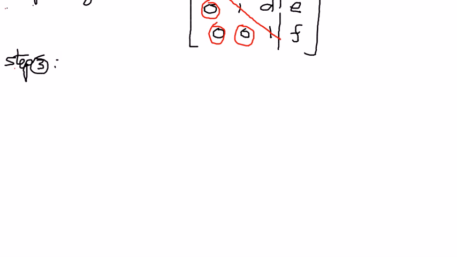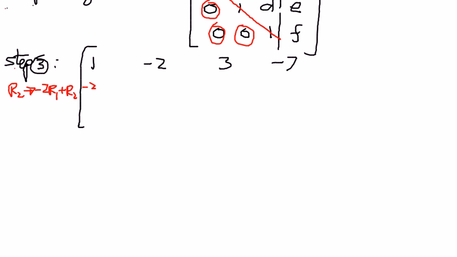We're going to write it out in this manner: 1, -2, 3, -7, and then the new R2 is going to be equal to -2R1 plus R2.